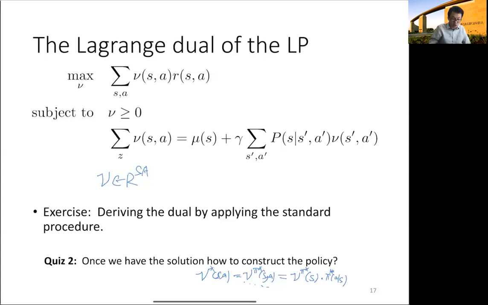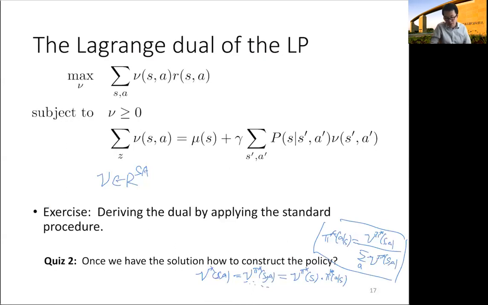So what you can do is normalize this. Since this is a distribution, you can construct π star by using ν^(π star)(s,a) divided by the summation of ν^(π star)(s,a), where we sum up all the a's. That will give you the optimal policy by solving the dual problem and then constructing the policy from the dual optimal solution.